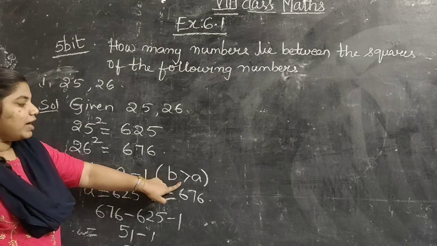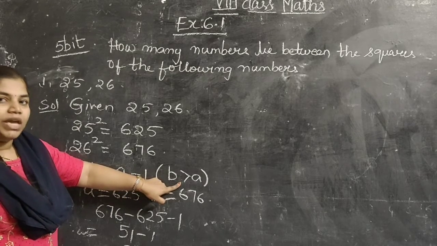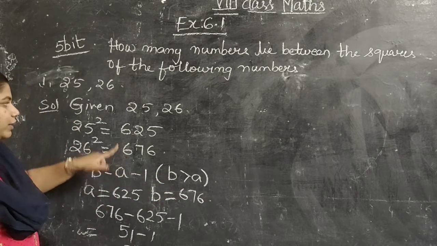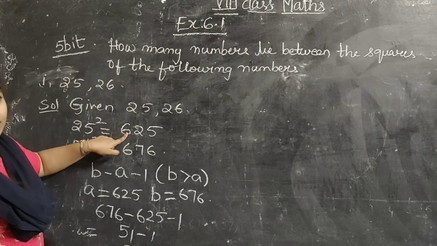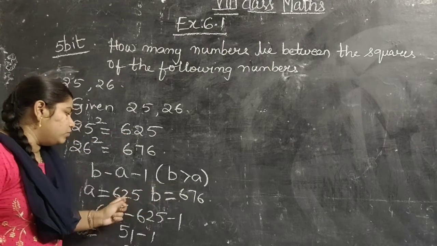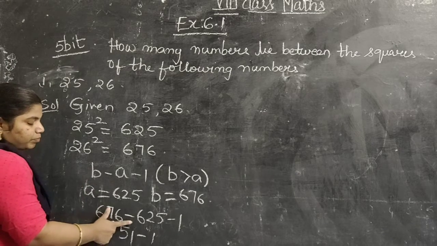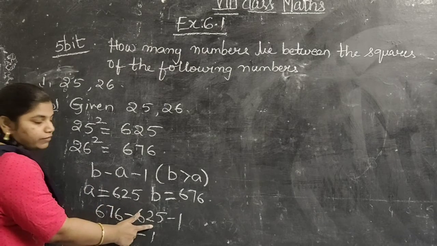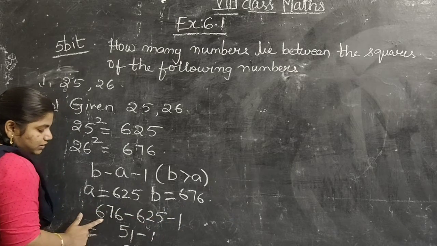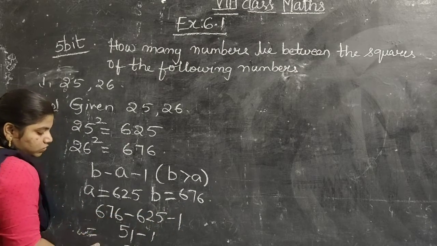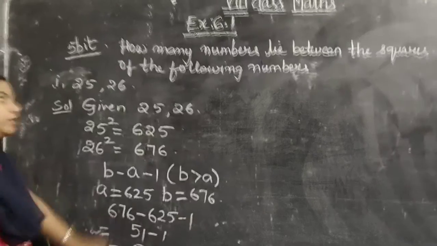And here b value will be always greater than a value. So 676 is b value and 625 is a value. Now you substitute these two values in this formula. That is b value 676 minus a value 625 minus 1. 676 minus 625 will be 51, minus 1. So that will be equal to 50. So this is the first method.